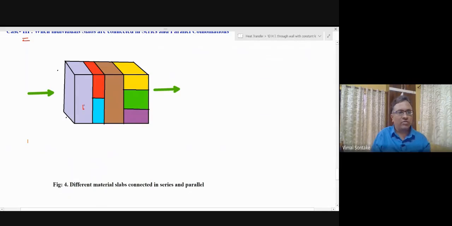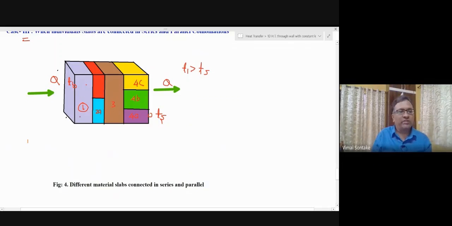Let's say this is 1, this is 2A, this is 2B, this is 3, 4A, 4B, and 4C. Let's say the temperature of this face is T1 and the temperature of this face is T5. T1 is greater than T5. So heat transfer will take place from left face to right face. Okay.